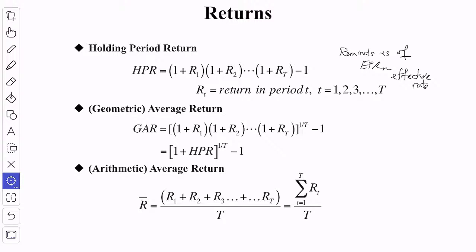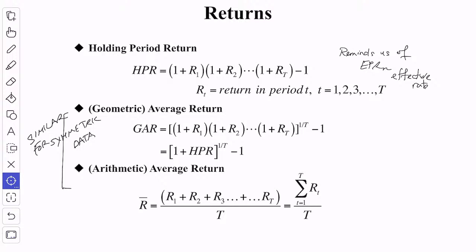These will be the same, or similar I'll say, if a distribution is symmetric. They're similar for symmetric data.